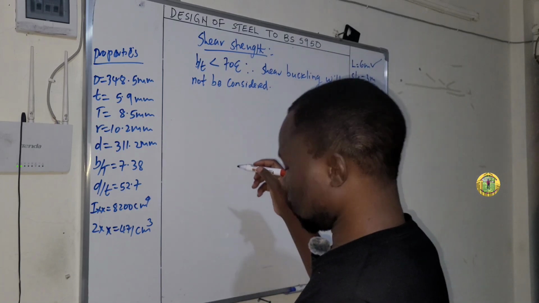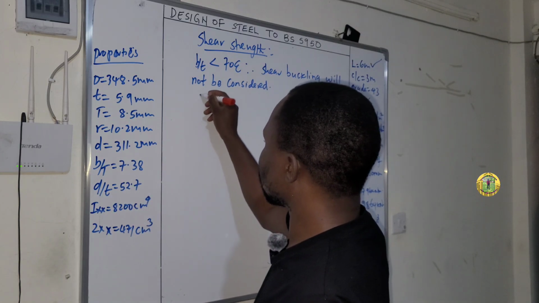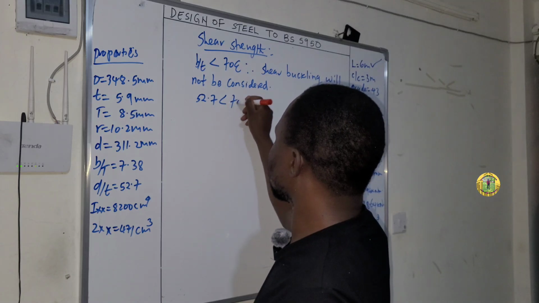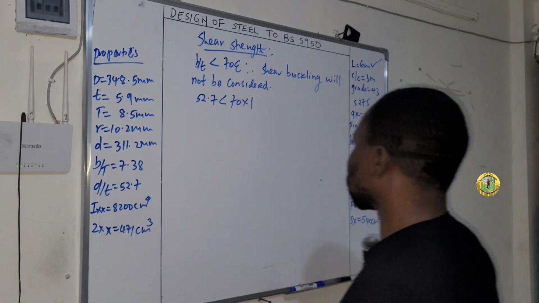So d over t is 52.7, which is less than 70 times 1. Therefore, shear buckling will not be considered.